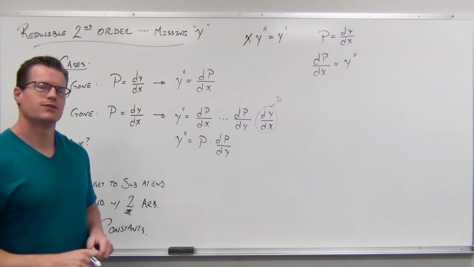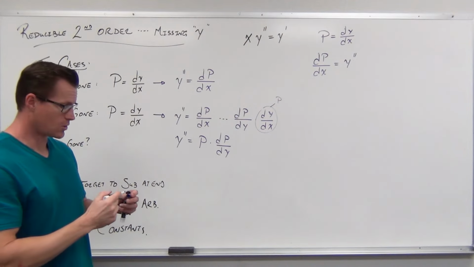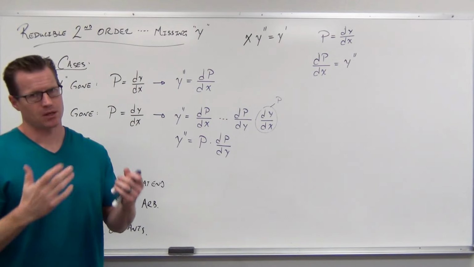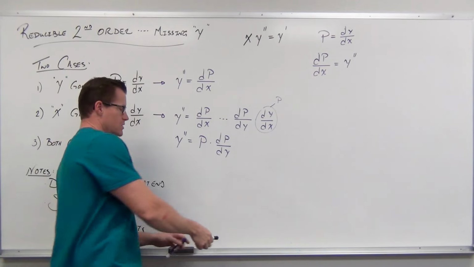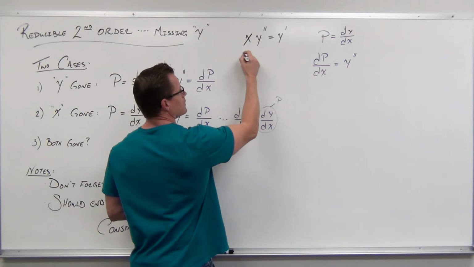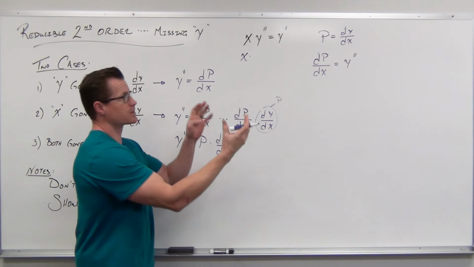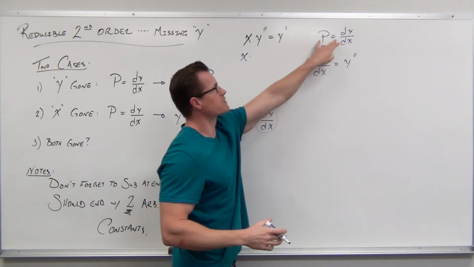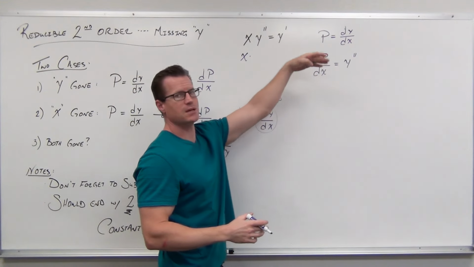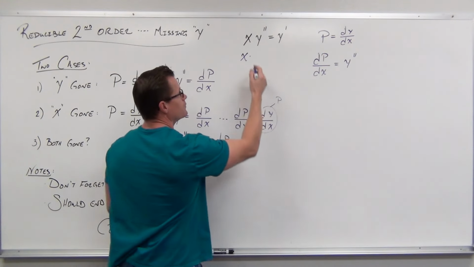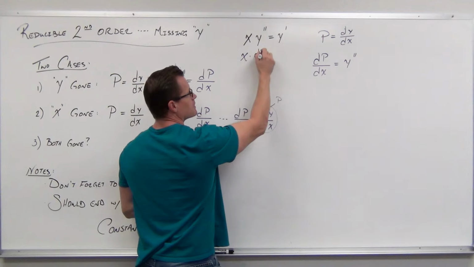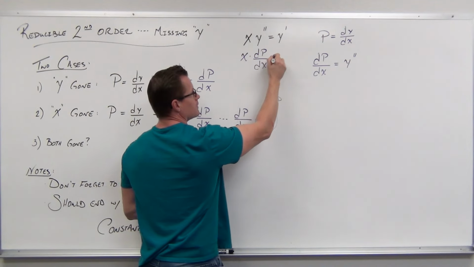That gives us a very, very nice substitution that we can make. So are we still going to have an x? Of course. But this changes to x times the second derivative. Oh man, hey look, p was the first derivative. The derivative of p with respect to x is the second derivative. So y double prime is dp dx.